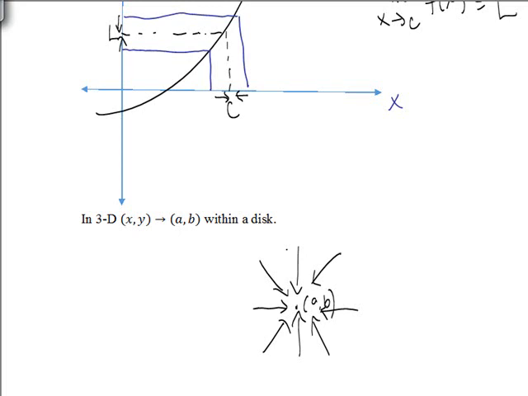And do you remember when we did limits in 2D? Whatever direction you take, the left or right, for the limit to exist, the left and right hand limits must be the same. You remember that? So what happens here? We have an infinite number of directions, don't we? Which is, by the way, within a disk.